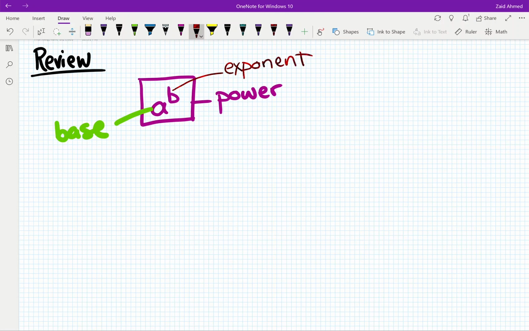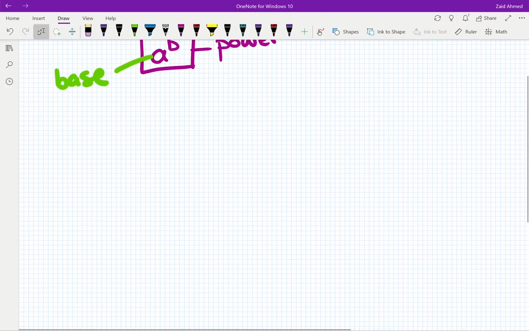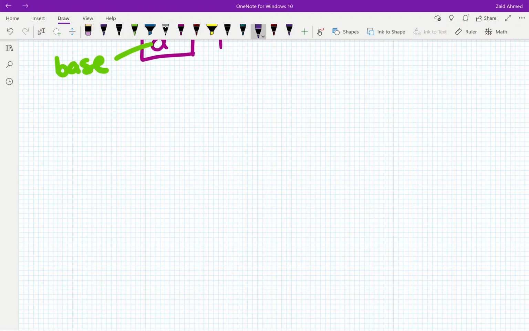When you're looking into powers and exponents, you have the exponent laws. The main ones that you need to know, the first one is known as the product law.